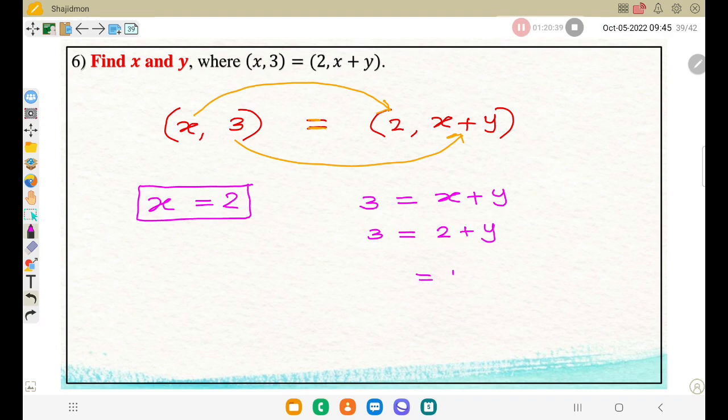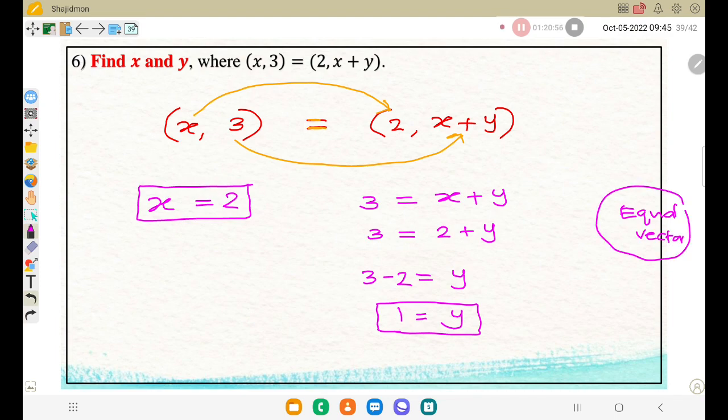So what will be the y value? 2 take to the next side: 3 minus 2. So y equals 3 minus 2, which means 1. So just the idea of equal vectors. When we are telling two vectors are equal, it is the same magnitude, same direction, or components should be the same. Hope it is clear to you.